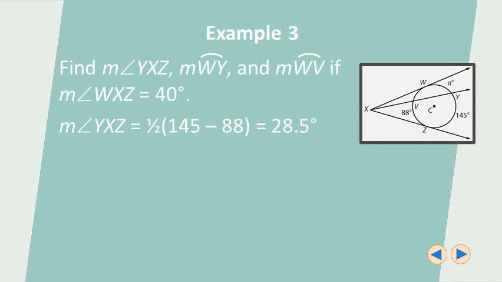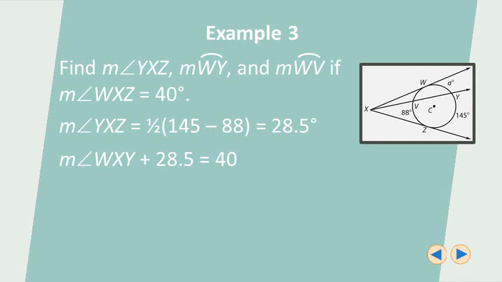Now I know that arc WYZ, so now to find the measure of WXY, I take WXY plus 28.5 degrees, the value of YXZ, equals the total, right?